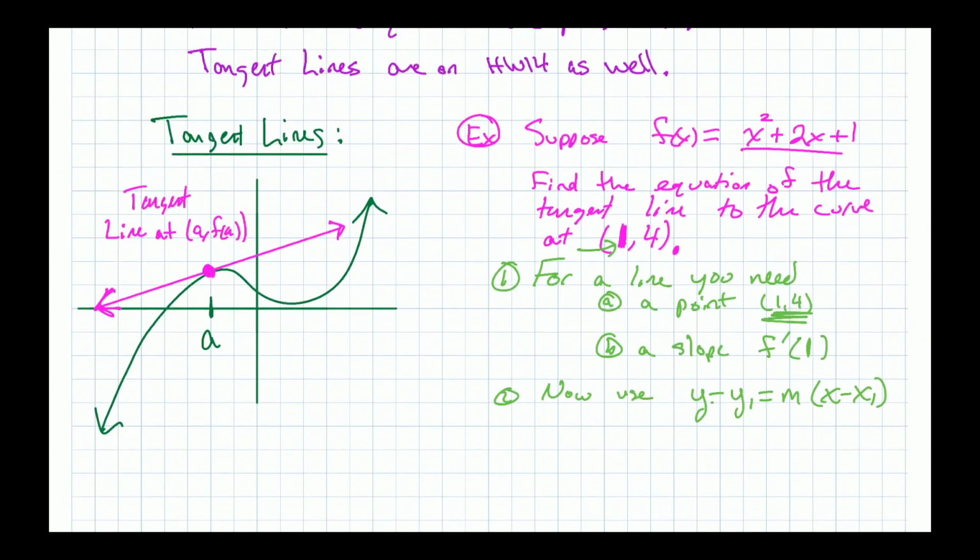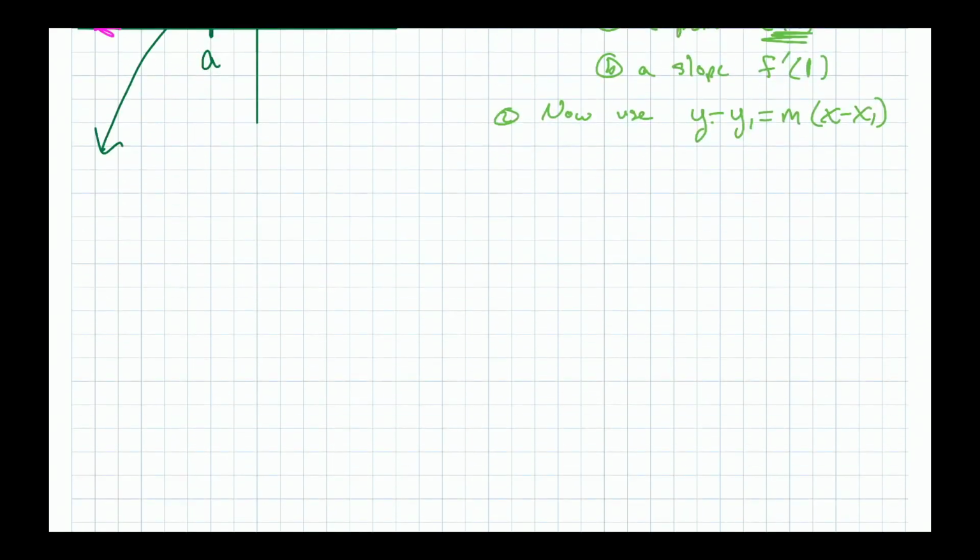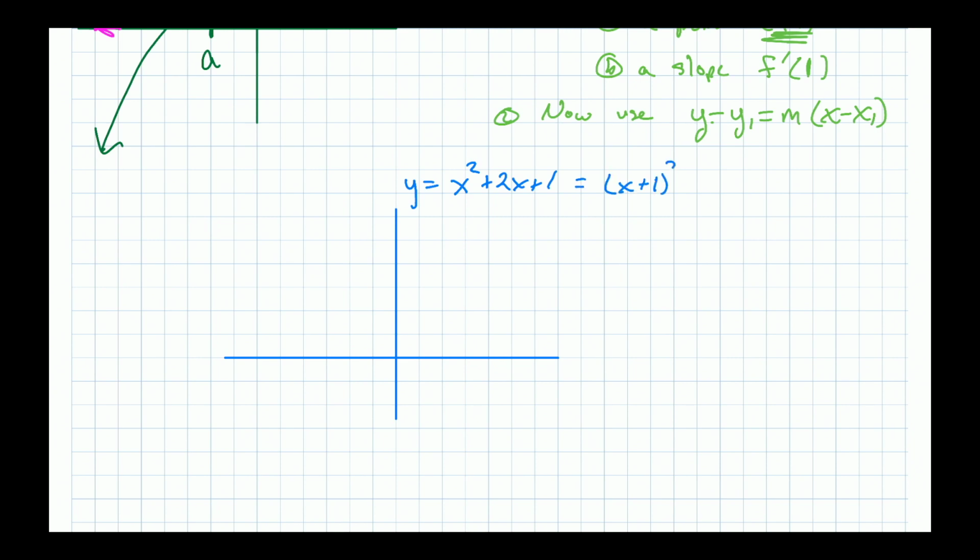So one thing I will say is let us look at this curve here, y equals x squared plus 2x plus 1. You don't need to know what the graph looks like, but it looks like (x plus 1) quantity squared, which means when you plug in a minus 1, you're going to get 0.